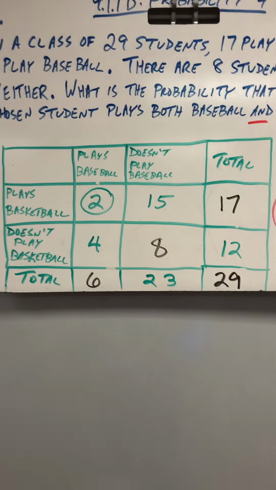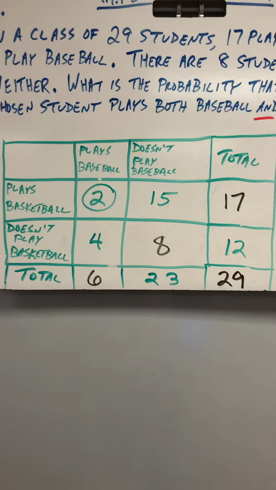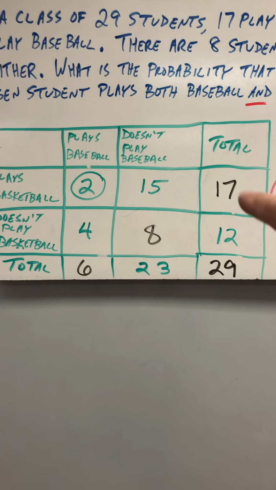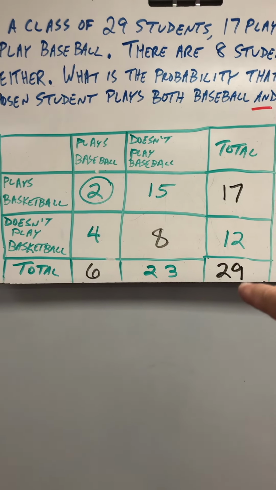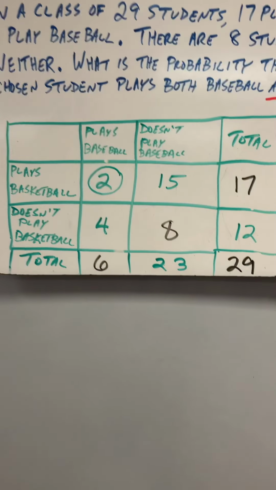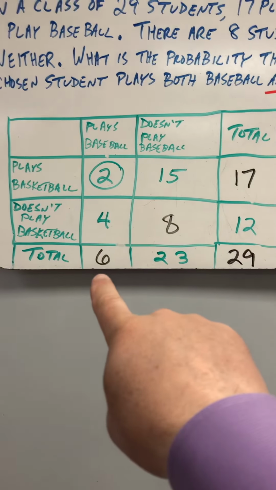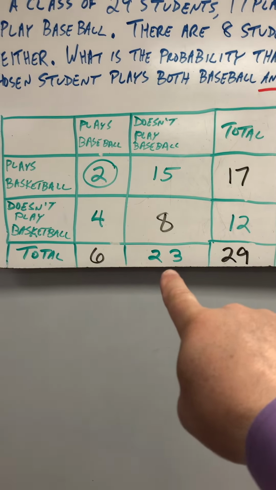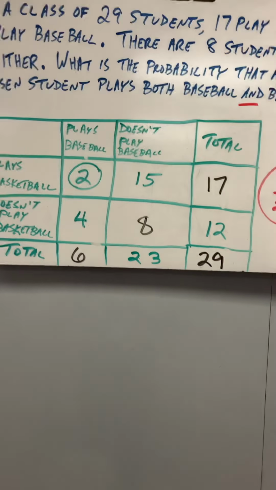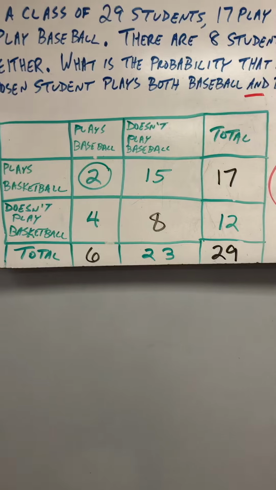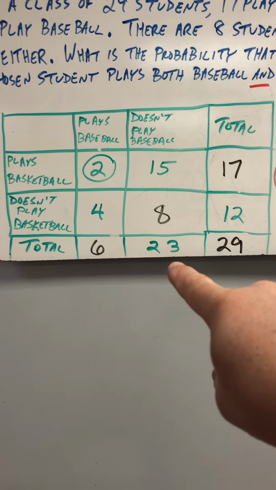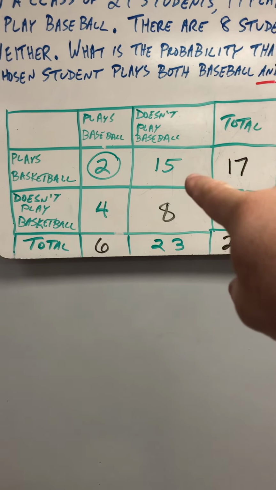So you have to fill in the rest of the numbers. For example, if this is 17 and this is 29, you got to put 12 here because 17 plus 12 is 29. If this is 6, then this is going to be 23 because 6 plus 23 is 29. Okay, so now if this is 23, 23 minus 8 is 15.